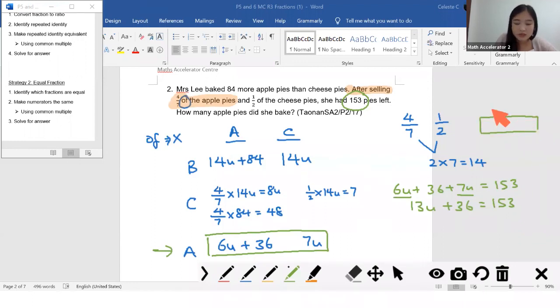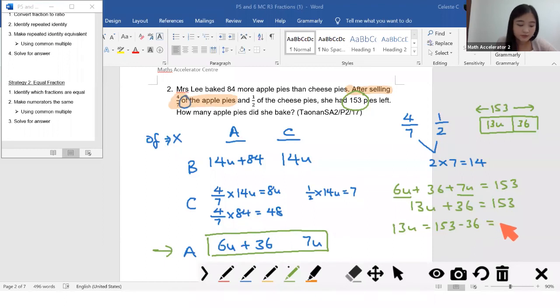Okay, let's say this 153 is equals to 13 units plus 36. So how much is 13 units? Yes, correct. So 13 units. To get it, you have to take your 153 minus 36.